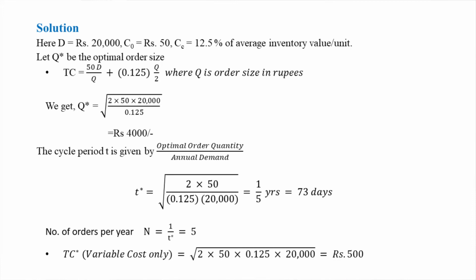The cycle period you can calculate by optimal order quantity divided by annual demand, and you get the cycle time for ordering as 73 days. The number of orders is 365 upon 73, that is 5. Accordingly, you can calculate the total inventory related cost.